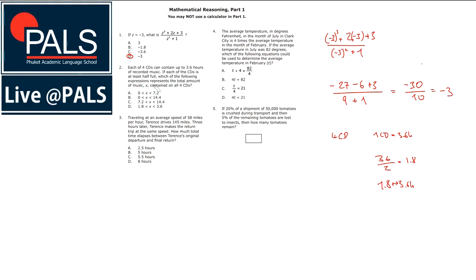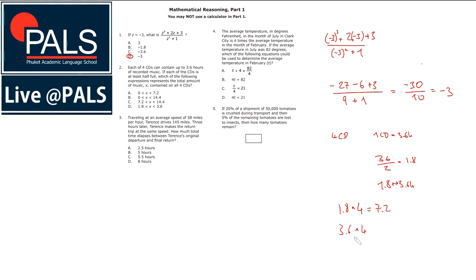Which of the following expressions represents the total amount of music contained on all 4 CDs? That would be 1.8 times 4, and 3.6 times 4. 1.8 times 4 is 7.2.